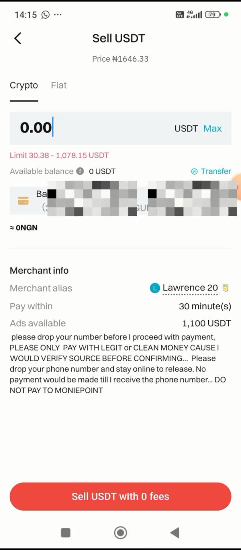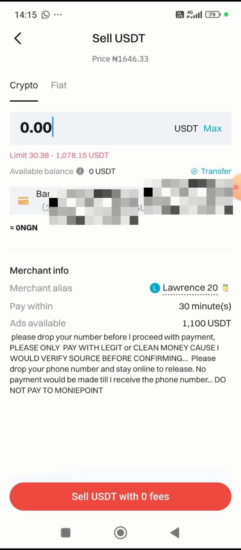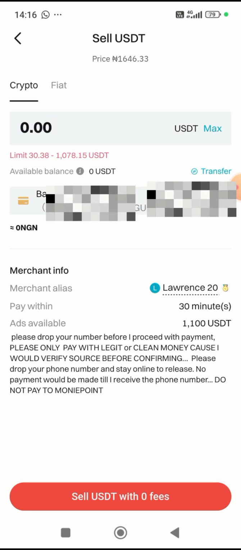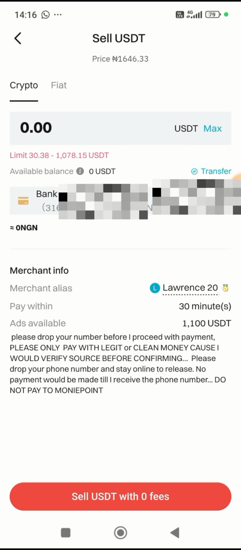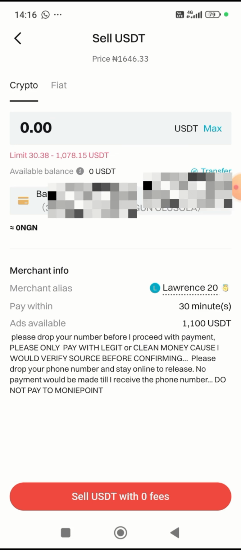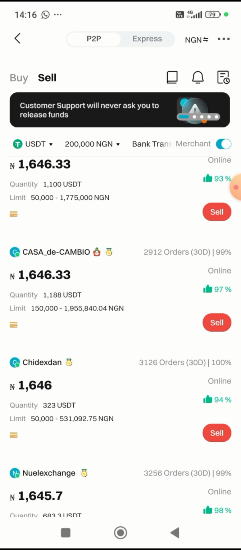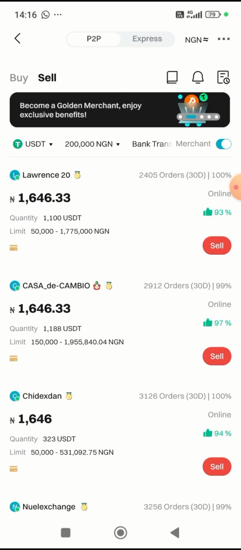A lot of people want to make sure they are buying from a legit person, because a lot of people will scam somebody and send the money to another person so that they can look clean. So these are precautionary methods that a lot of people normally use to checkmate, because you don't want to fall into the hands of scammers. Likewise, the person on the other side doesn't want to fall into the hands of scammers.